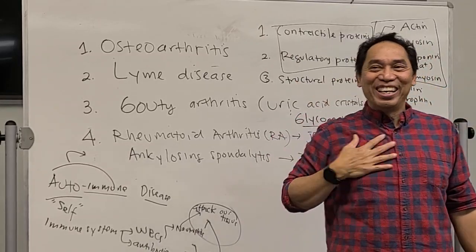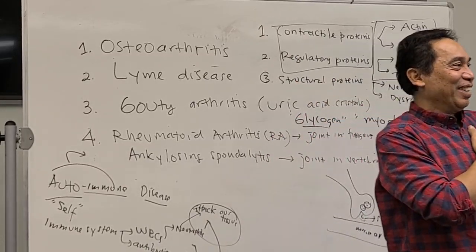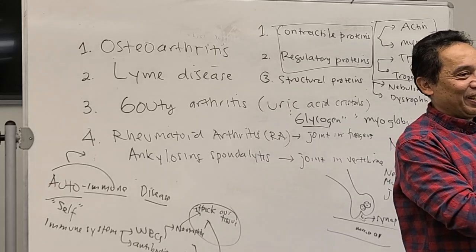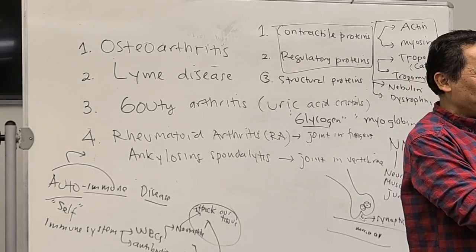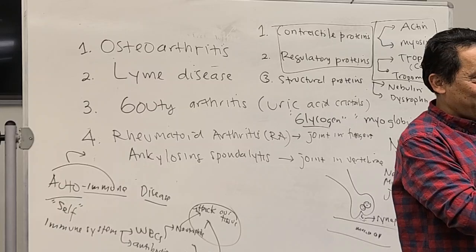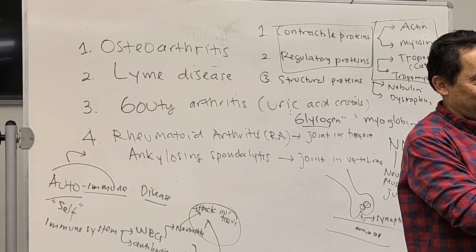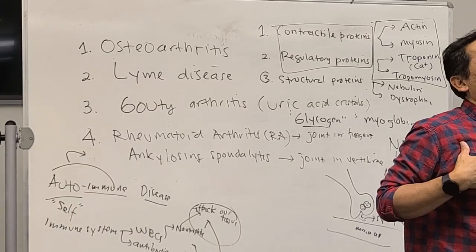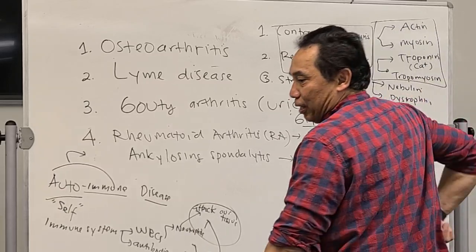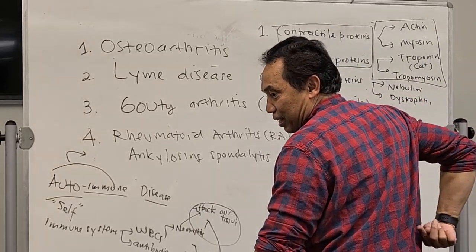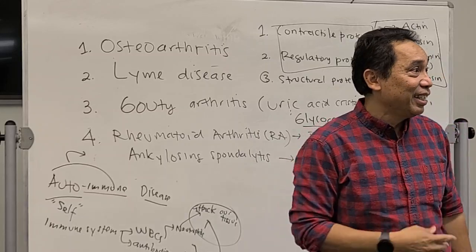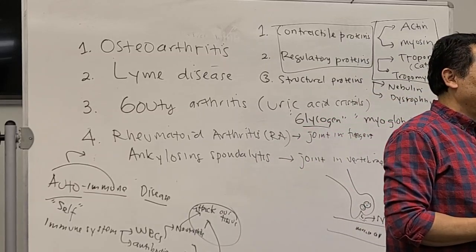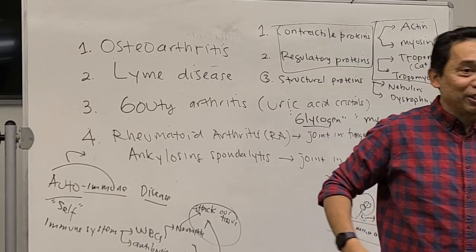Here, what do you call this muscle? Pectoralis, okay? Pec muscle. On the back, over here, latissimus dorsi, because it's the dorsal part.